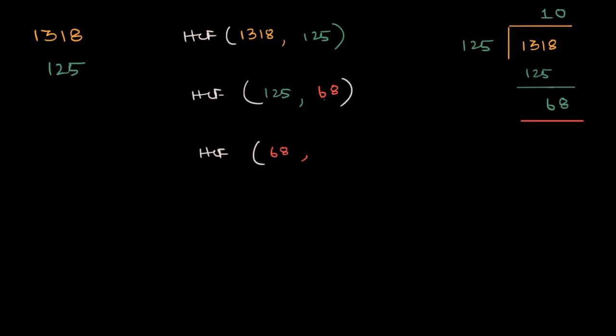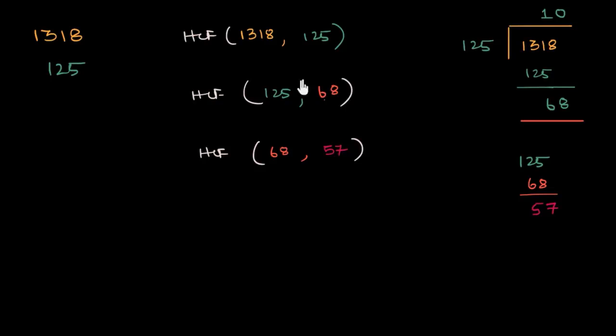So that's not going to work. So I'm just going to subtract 68 from 125. 125 minus 68. And that's going to be, let's see, this is 7 over here, and then it's 4. Oh, 11 minus 6 is 5. So 57. So I have 57.